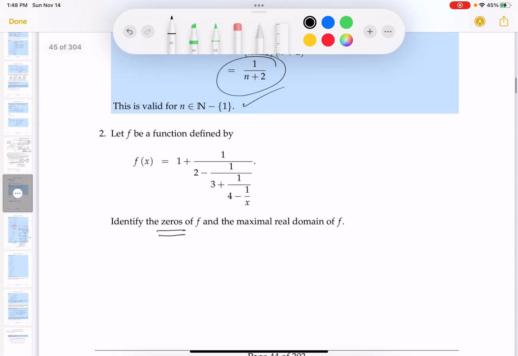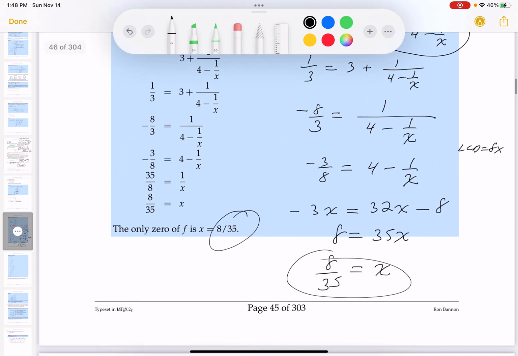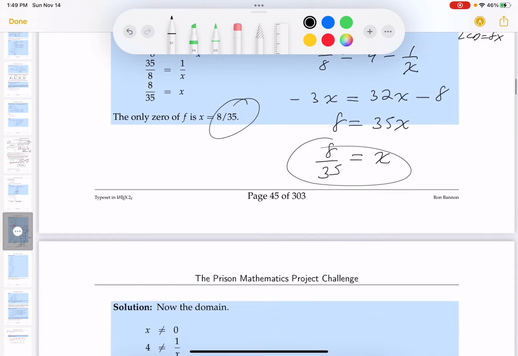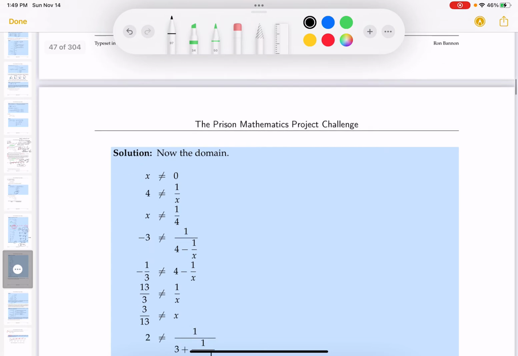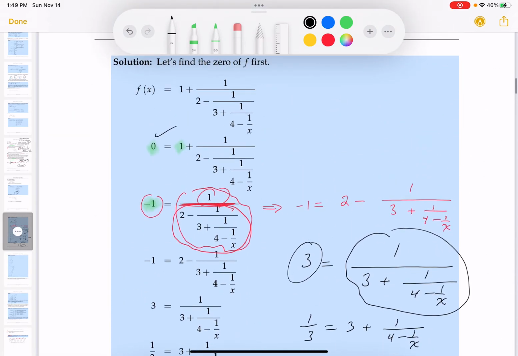What was the other question now? Ooh, the maximal real domain. That's tougher. At least I think so. So what I've got to do is worry about division by 0. So what I'm going to claim over here, looking at the original problem, is that x can't be 0, right? That's right from the get-go.